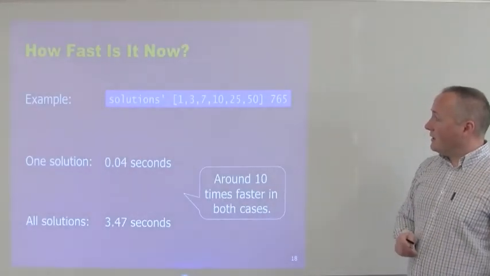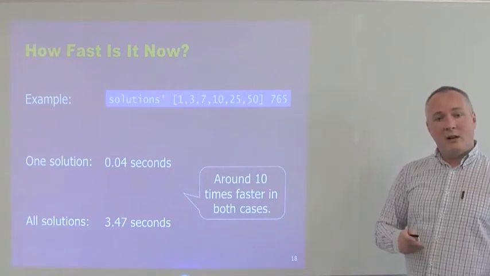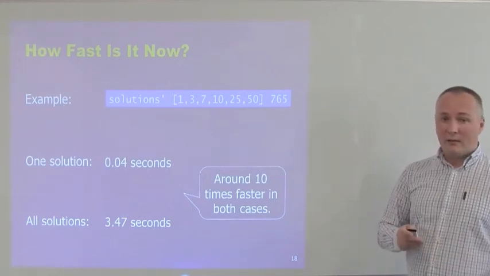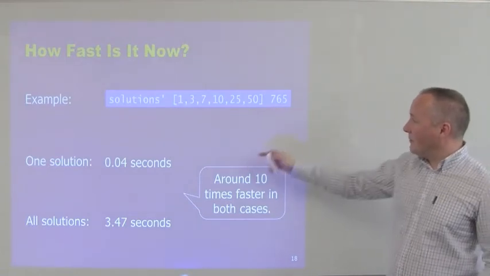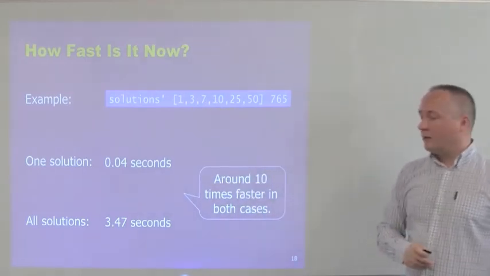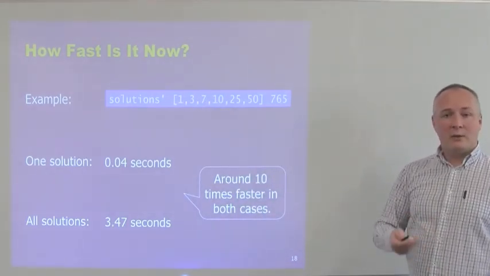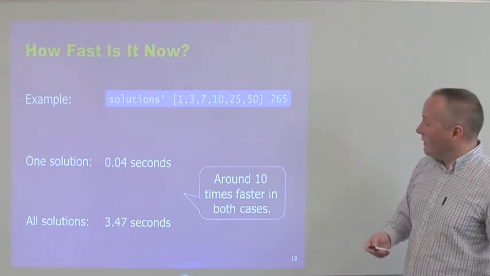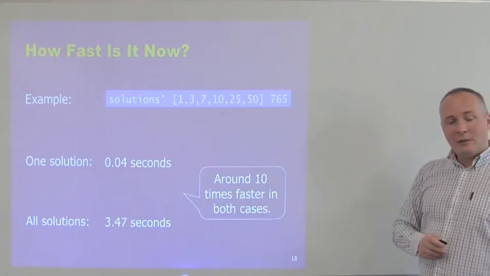So we can ask ourselves, how much difference does this make to the running time of the program? And as we'll see, it makes quite a significant difference. So let's try the same example, but call our new solution finder, which fuses together the generation of expressions with their evaluation. What we find now is that we get basically a 10 times speed up.